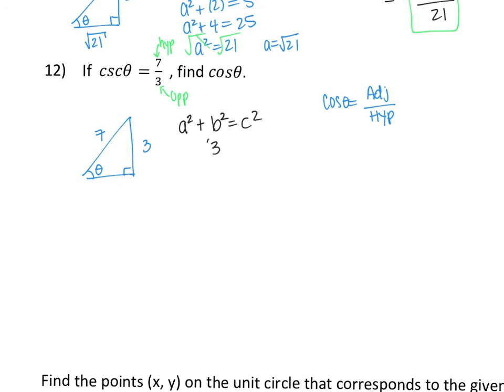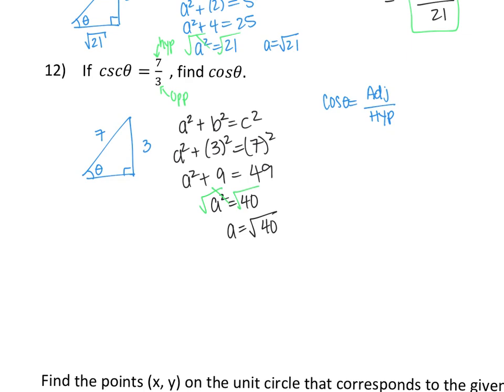So make this one squared, I'll keep the a empty, and I'll square the 7, my hypotenuse. If I work this out, I get 9 plus a squared equals 49. 7 squared gives me 49. So I can subtract the 9 over, which gives me 40. Take the square root of that, and my a here is the square root of 40.